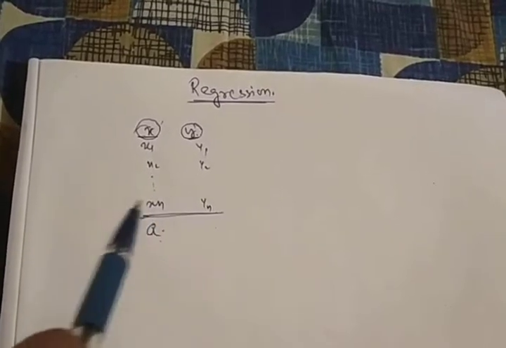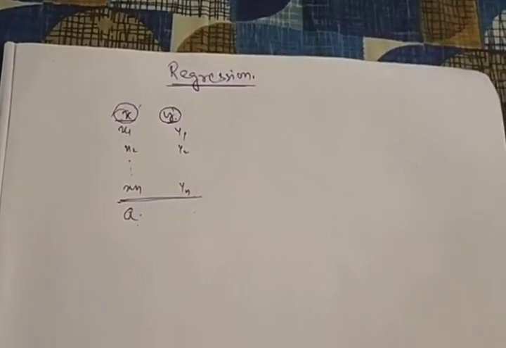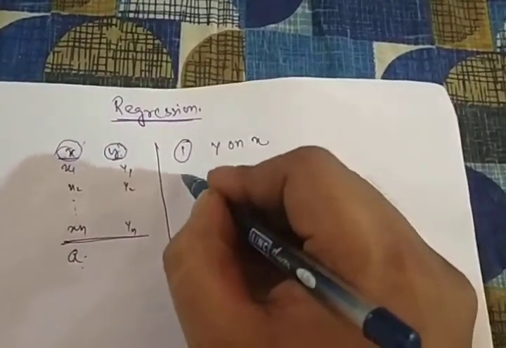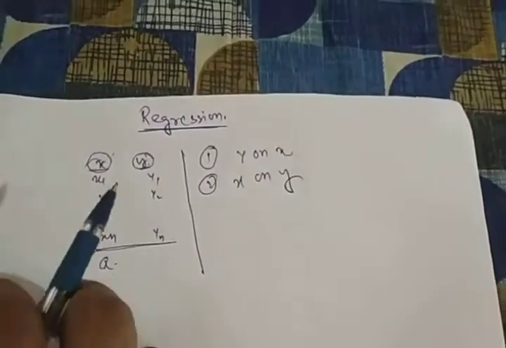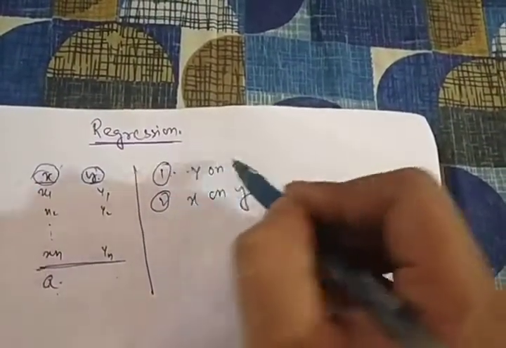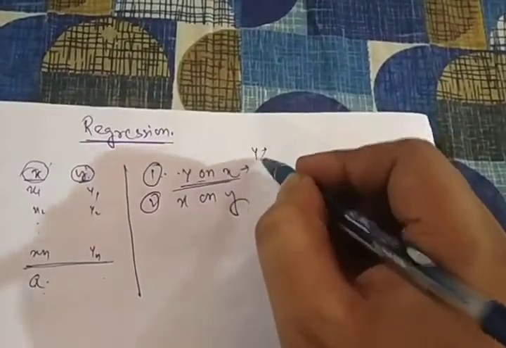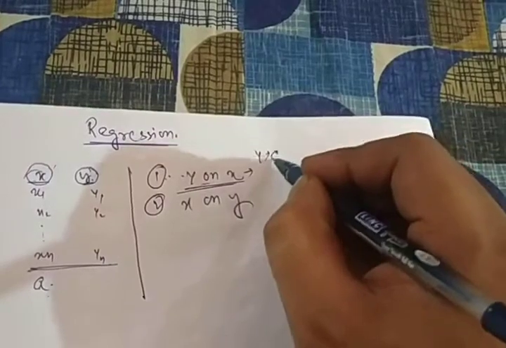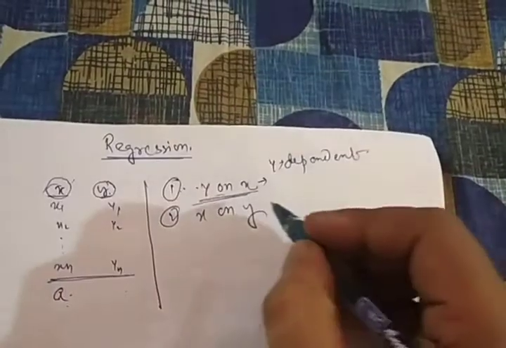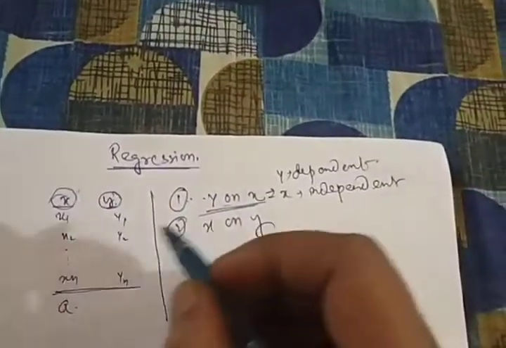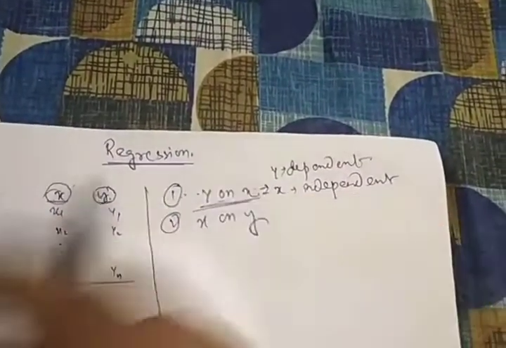In this process there are two types of lines of regression. One is y on x and the second is x on y. When the line of y on x is given, y will be the dependent variable and x will be the independent variable, because x is given and y is unknown.